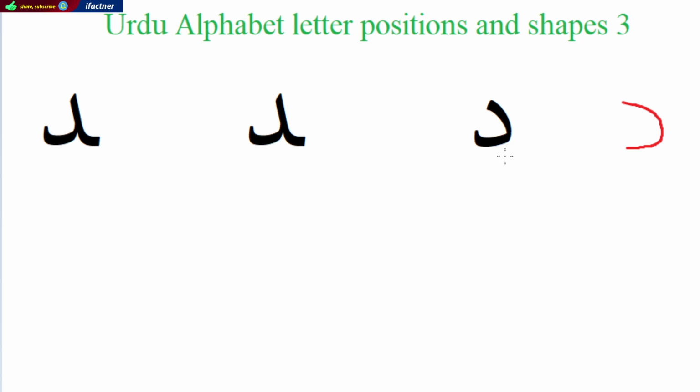Daal in its initial position is written in the same way as in its independent position, because no character is added after daal. So we have to give a space and then start a new character.